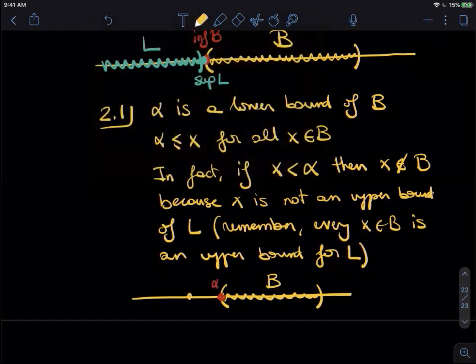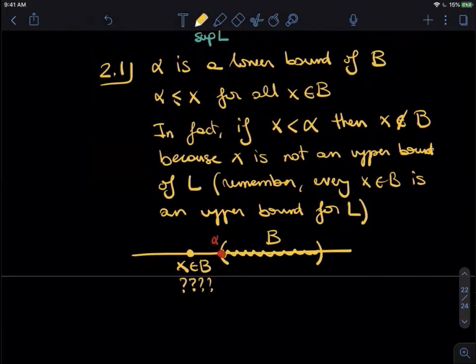So you cannot really say that you have some x in B that is to the left of alpha. That's what we are saying. It's clear, right?